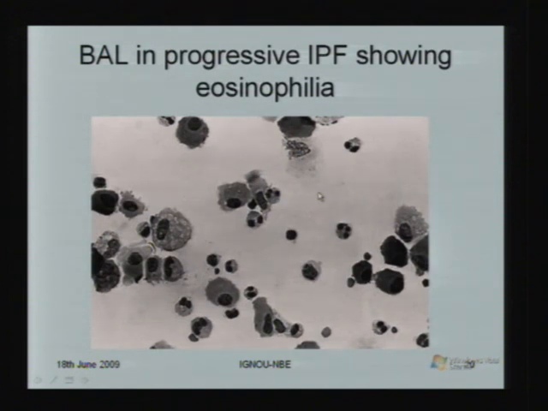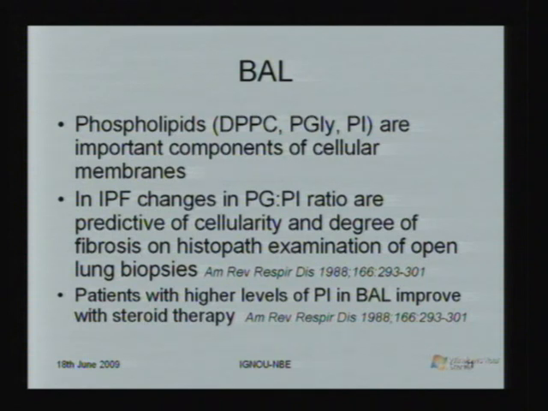So the presence of eosinophils and neutrophils in BAL fluid has been, as we've just seen, associated with a poorer prognosis. Now, another important aspect is the presence of phospholipids. The various phospholipids like dipalmitoyl phosphatidylcholine, phosphatidylglycerol and phosphatidylinositol are all very important components of the cellular membranes.